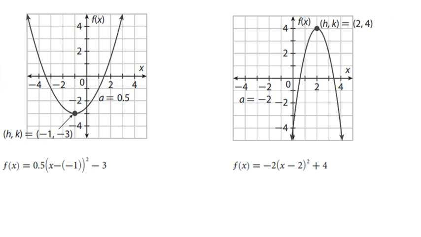So that's one of the 3 things that the vertex form is going to tell us. We have a couple examples here of graphs. On the left, a is equal to 0.5. We'll put it in fraction form, 1/2.